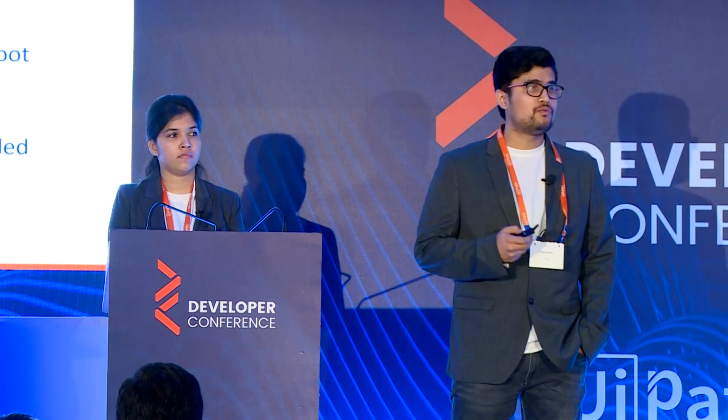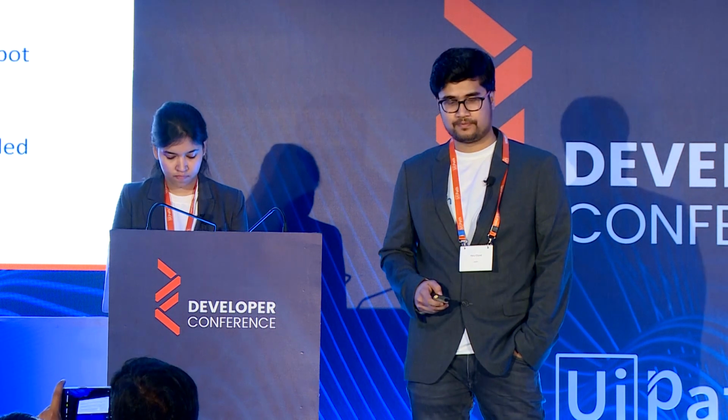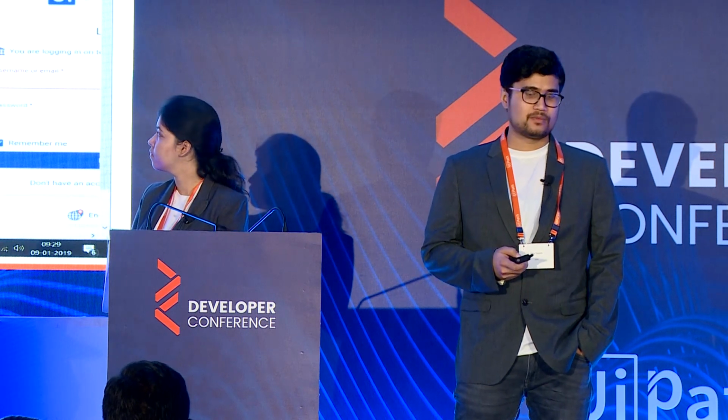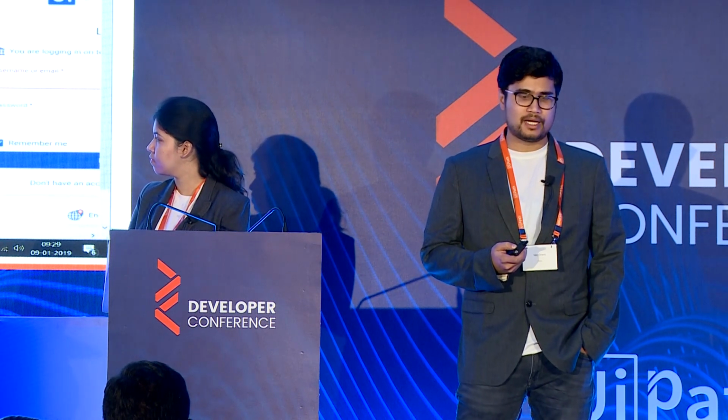Let me show you a small video demonstration of how it works. So here I have the robot machine and the browser machine. Let me assure you that these are two separate machines. Now on the robot machine, I go to the robot tray. My intention is to run a robot. So I click on my UiPath robot, select my workflow and hit the start button. As soon as I hit the start button, you can see a notepad file is opened up and some random characters have been typed.